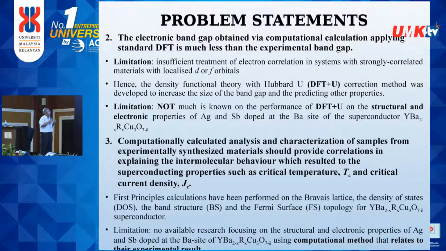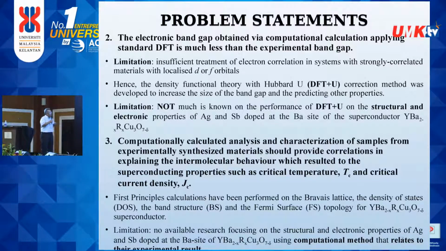The limitation is that not much is known on the performance of DFT plus U on the structural and electronic properties of Ag and antimony. So when we dope, there must be some changes in the structure, in the CuO chain and CuO2 plane, and also in terms of charge density.